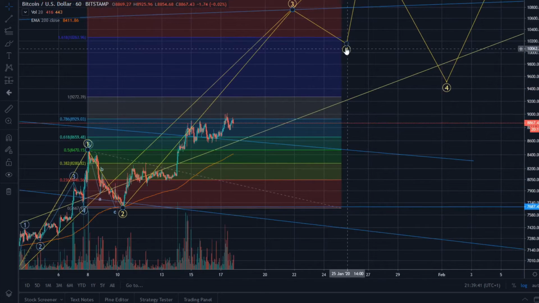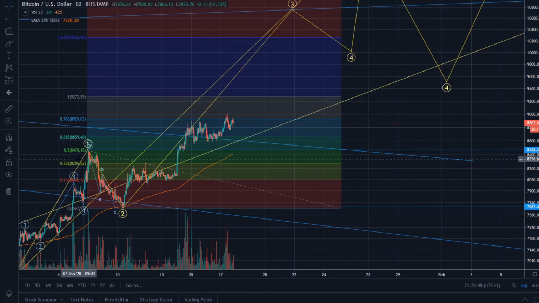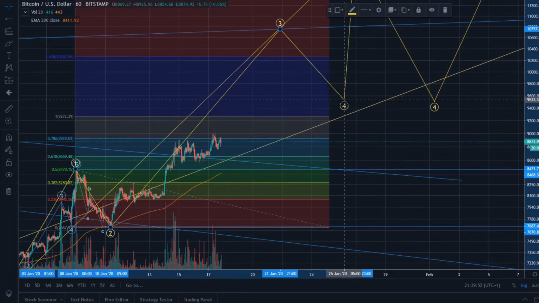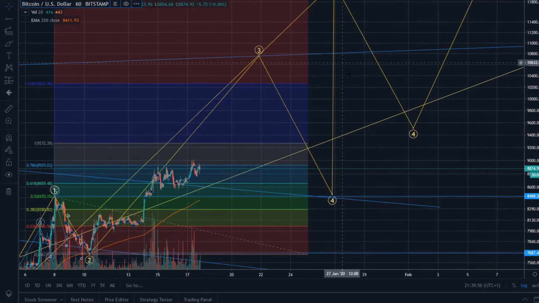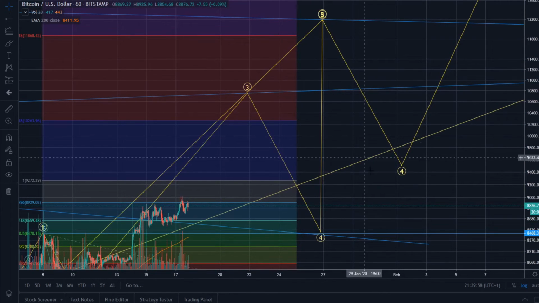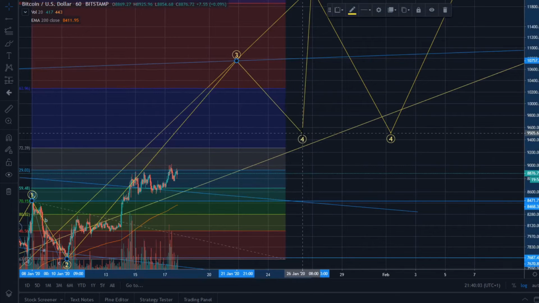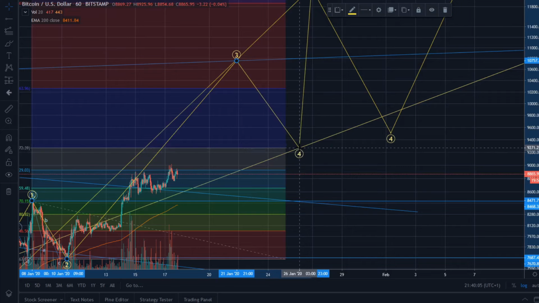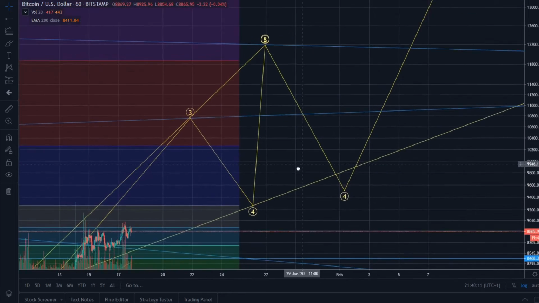This correctional move, however, should not go below this high, which is around 8,470 approximately. So this correction move can go as low as this and still go up and meet this price target, but probably it should stop somewhere around here, maybe here. That's also fine, which is the previous 100% extension.